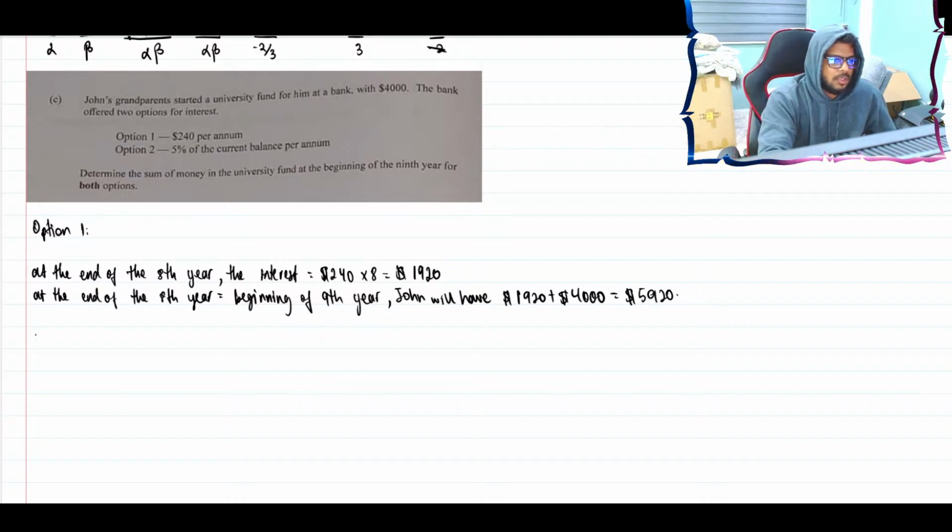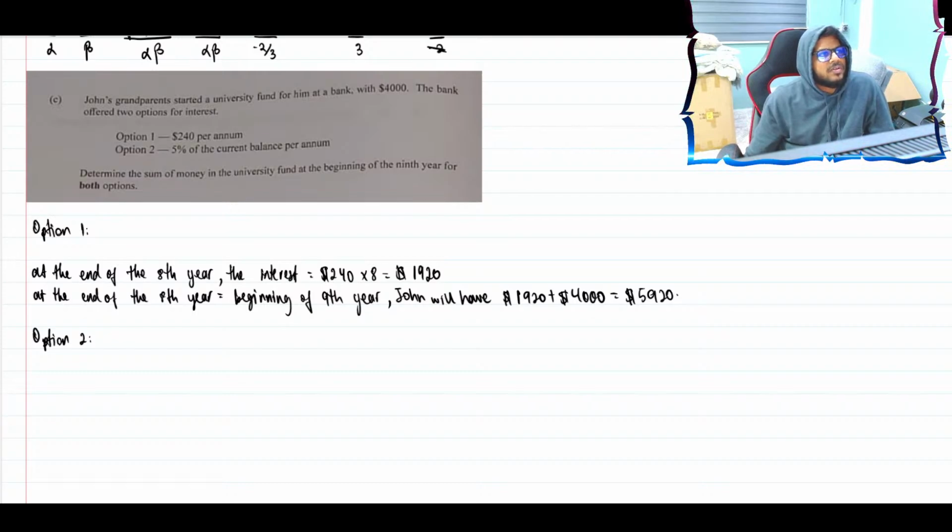The tricky one, option 2, 5% of the current balance per year. So this one will follow either an AP or a GP. Let me figure it out, right? So at the end of the compound interest, this would be the sum of the money in the first 8 years.